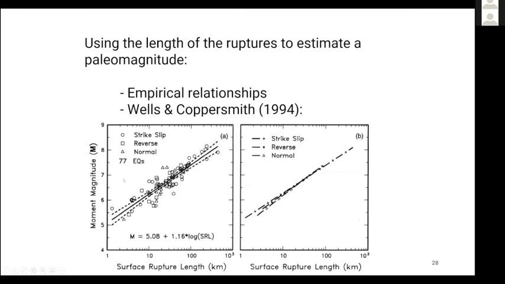So just imagine if this earthquake would not have happened in 1992, but like 1,000 years ago, and we would go there as field geologists, find the fault scarps, and try to make sense of that. Well, what do we use? If we use 600 meters of fault length, we are somewhere here with a magnitude 5 earthquake. If we use 3 meters of offset, we end up with a magnitude 7 earthquake.